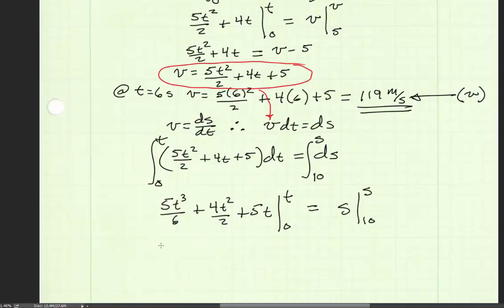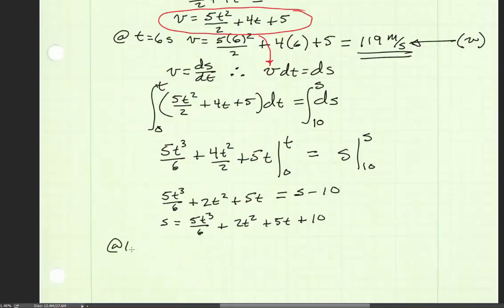And then simplifying, 5t cubed over 6 plus 2t squared plus 5t minus our equation here with t equals 0 will give us 0 equals s minus 10. Therefore, s is equal to 5t cubed over 6 plus 2t squared plus 5t plus 10.